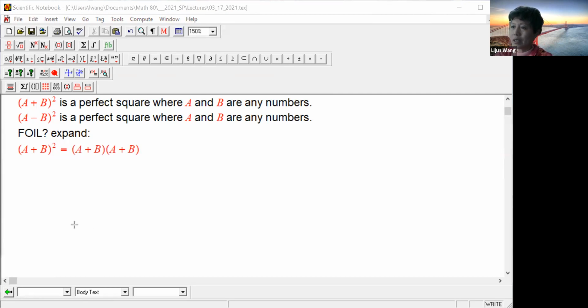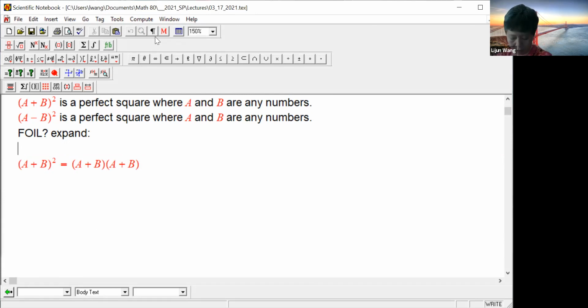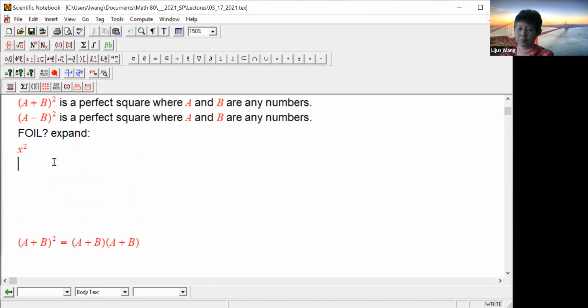The geometric meaning of this perfect square: what you have is A plus B squared. In the earlier example, I'm going to show you this first. We're going to start with x squared. What is the geometric meaning of x squared?